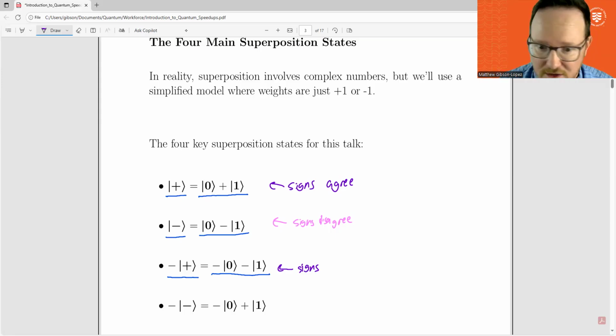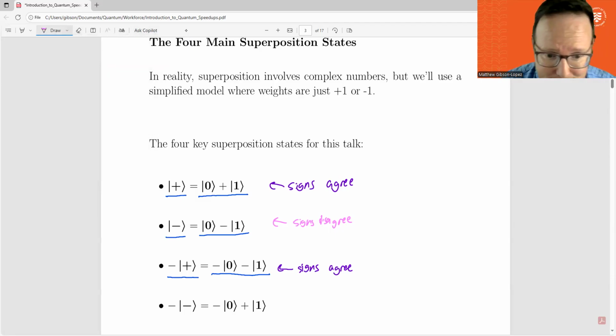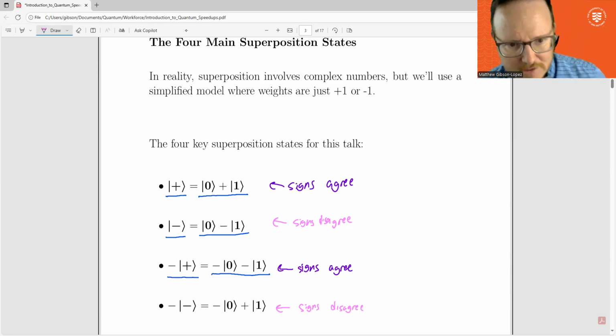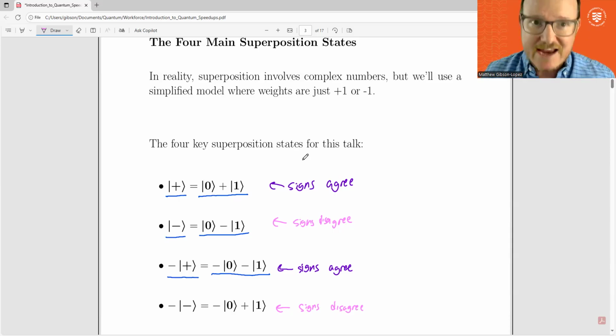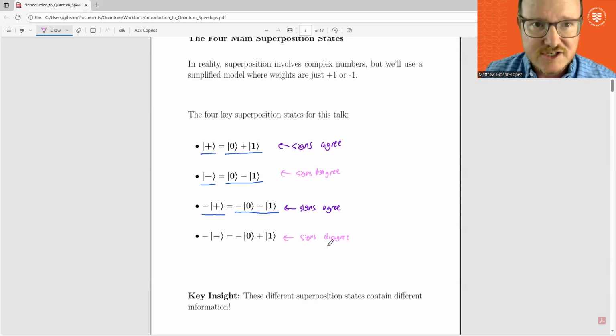They're both negative 1 in this case. And then the very last one, once again, the signs disagree, but in this case 0 is the one that's negative 1, and 1 is the one that's plus 1. So these are the four main superposition states that we're going to be considering in this talk.